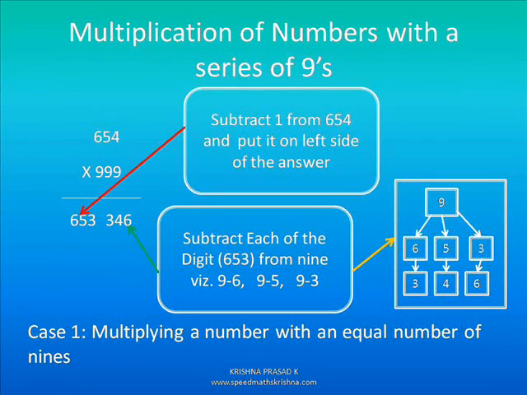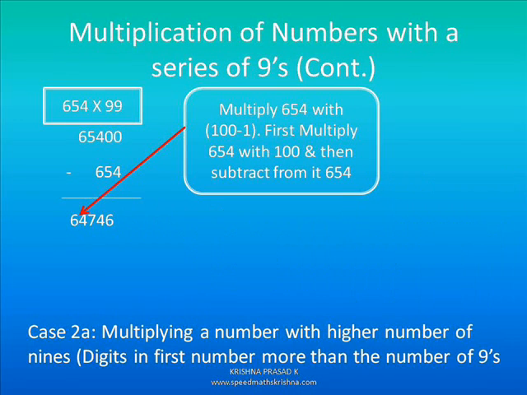Let's take another example. 654 into 99, multiplication of numbers with the series of nines. Here multiply 654 with 100 minus 1.